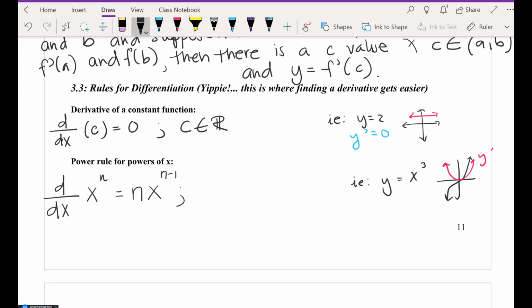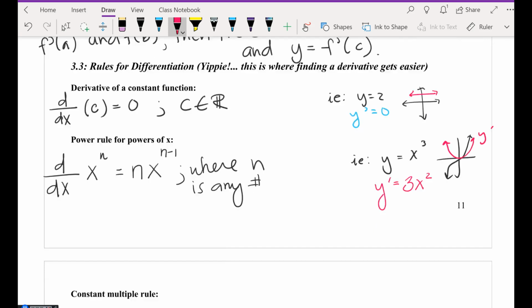Where n is any number. So if I have y equals x to the third, why do you think it becomes a parabola? Y prime is 3x squared. Yippee!